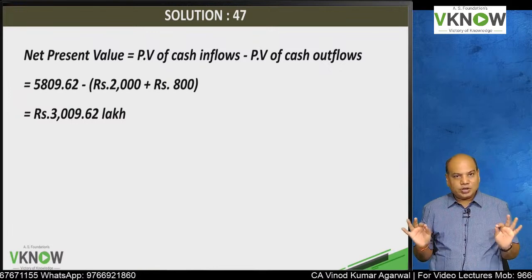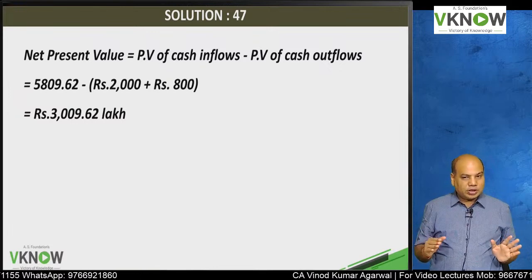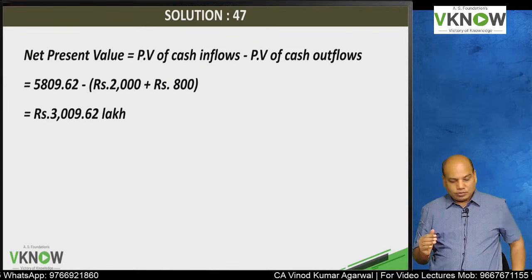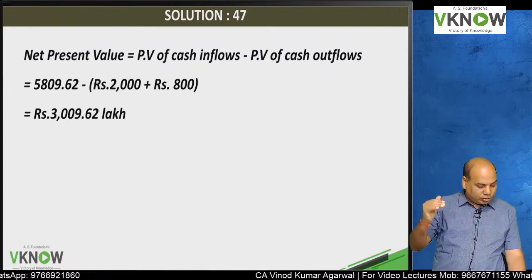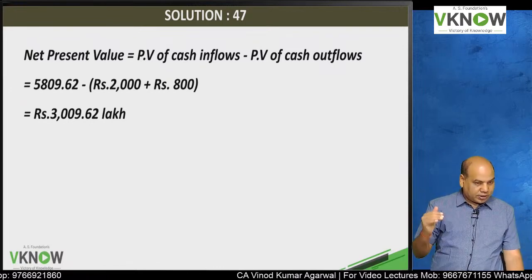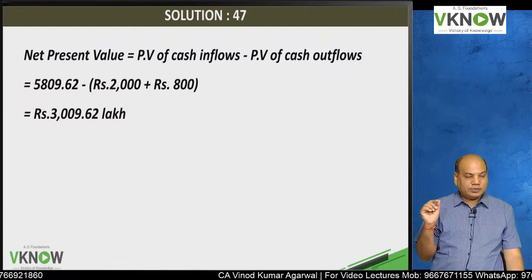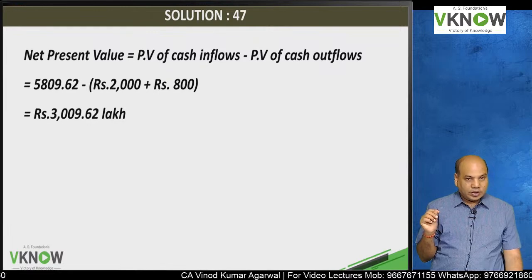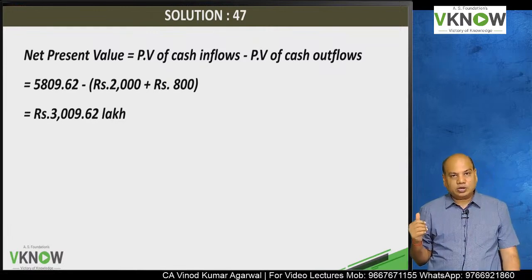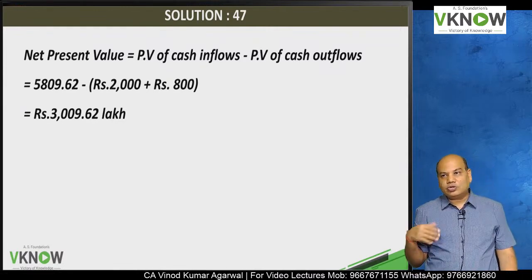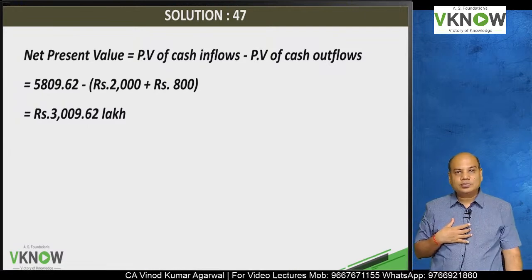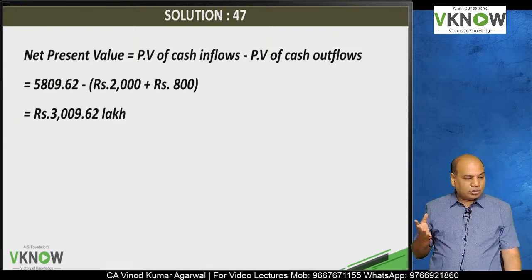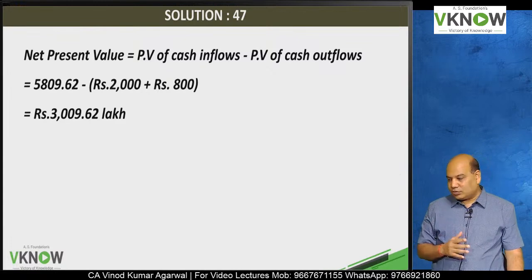Very easy basic question. But what they have done, they have asked you, what if the selling price reduces by 10%? Selling price, if it reduces by 10%, it will become 450. But what about the variable cost? Will variable cost also automatically reduce, or variable cost will take from the previous question?